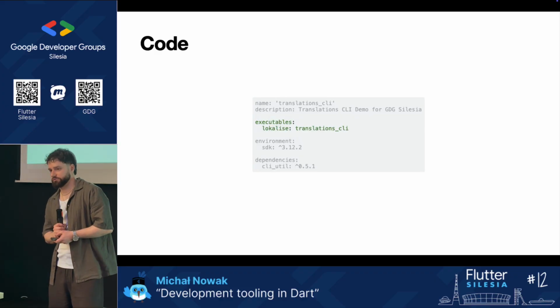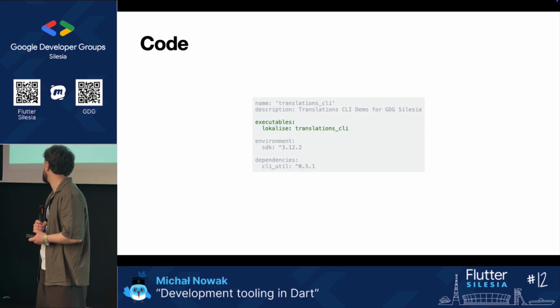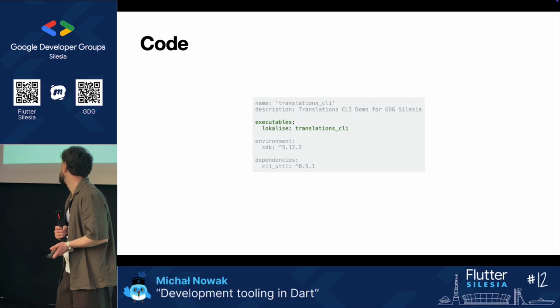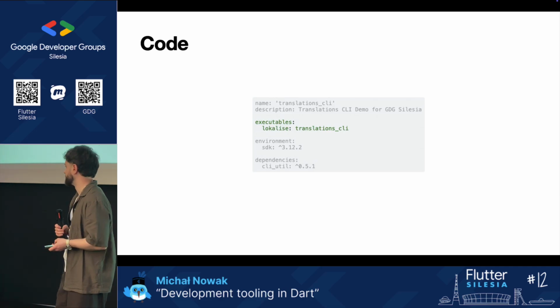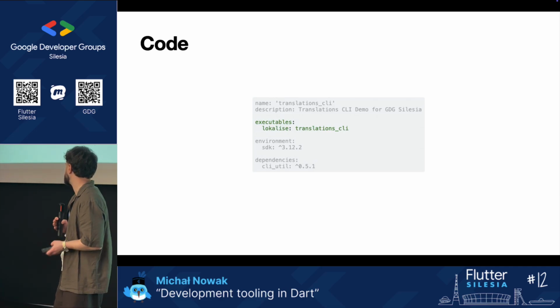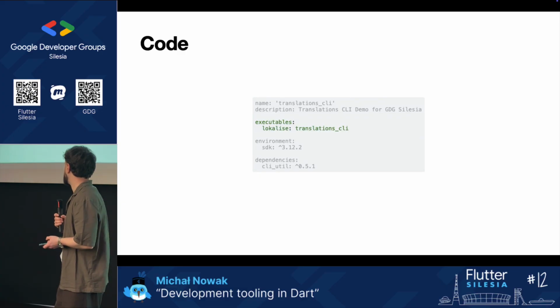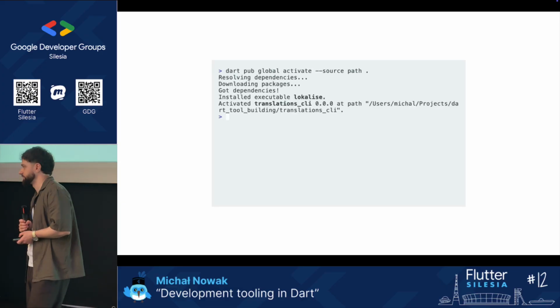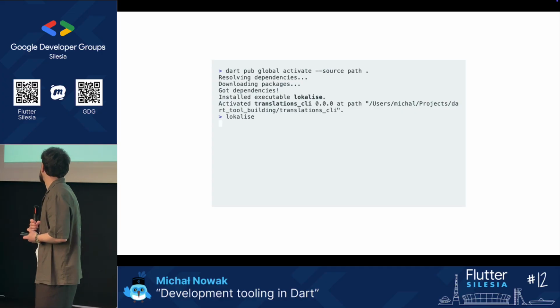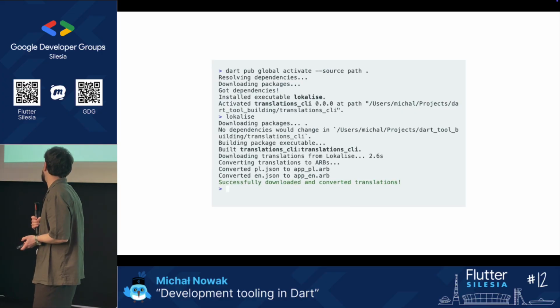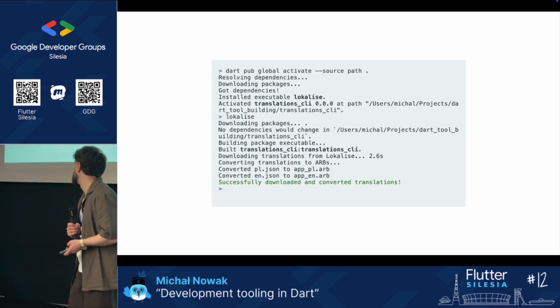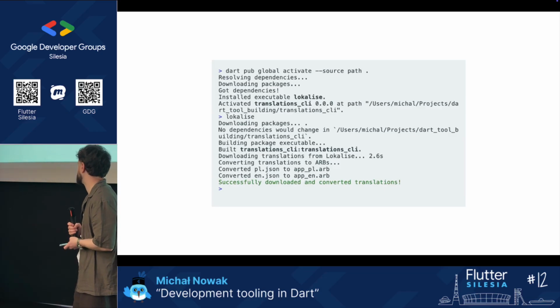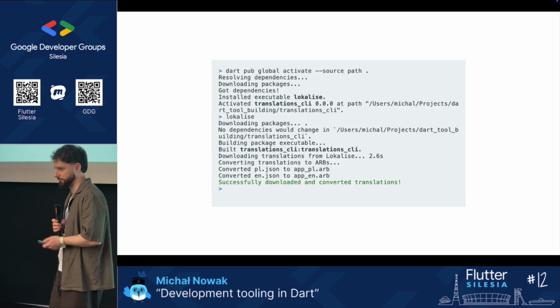But also, since we've added pubspec, we can add those scripts to the bin folder and then to executables. And after we do that, we can easily activate that package from our source code to then be added to the global path and then just call the tool from anywhere in our terminal.